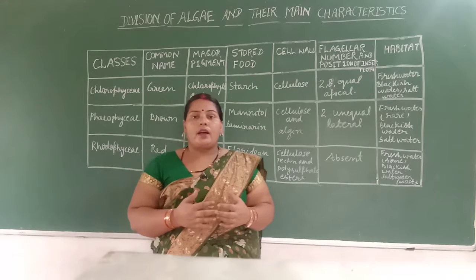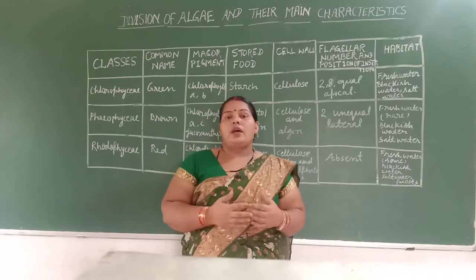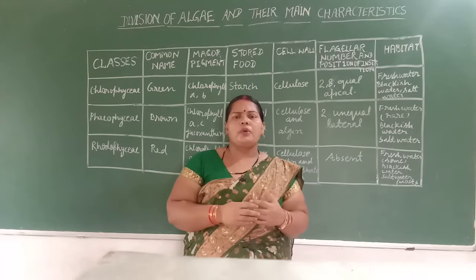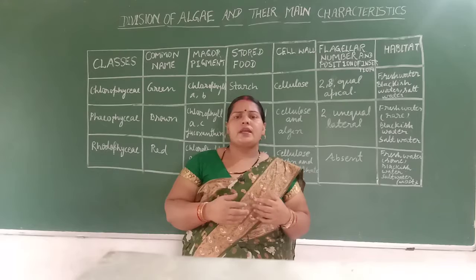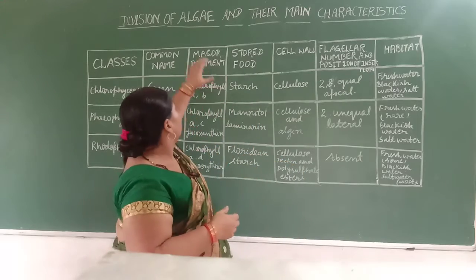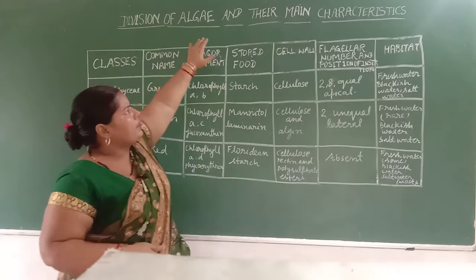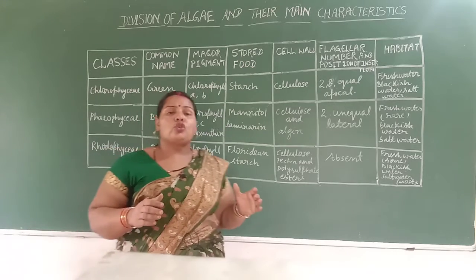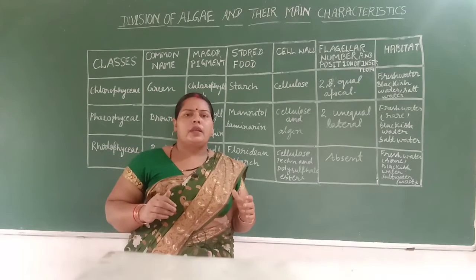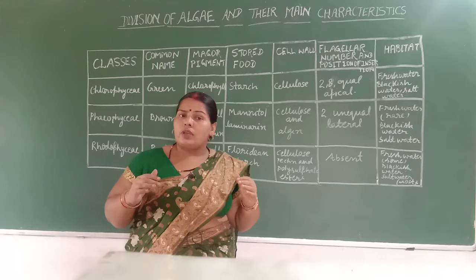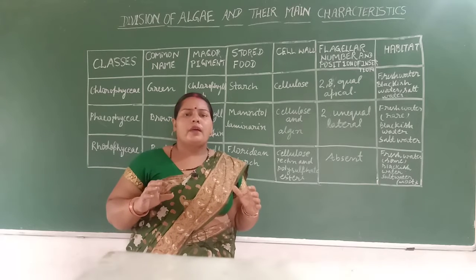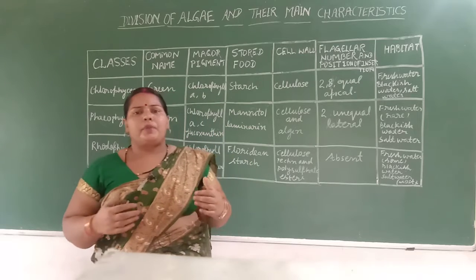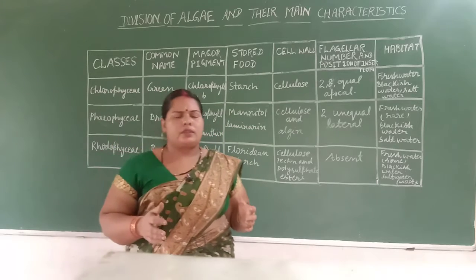After that you learn about the algae, which are found in different forms and have different characters, and here you see the divisions of algae and their main characteristics. First of all, algae grow in our environment, and they are only autotrophs, and they are found in fresh water, brackish water or salty water.